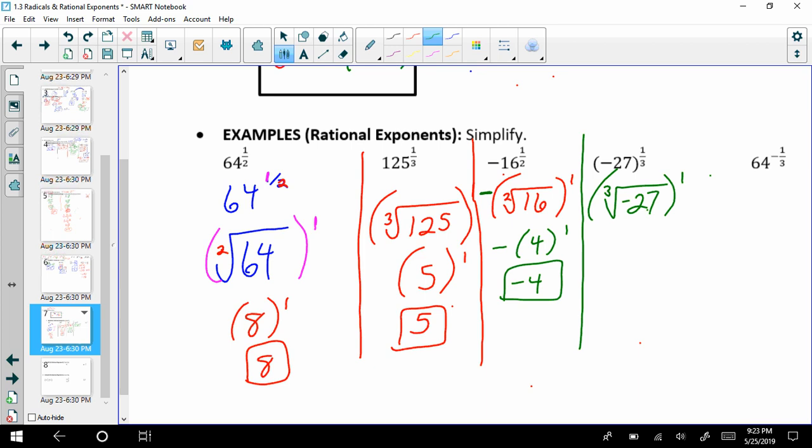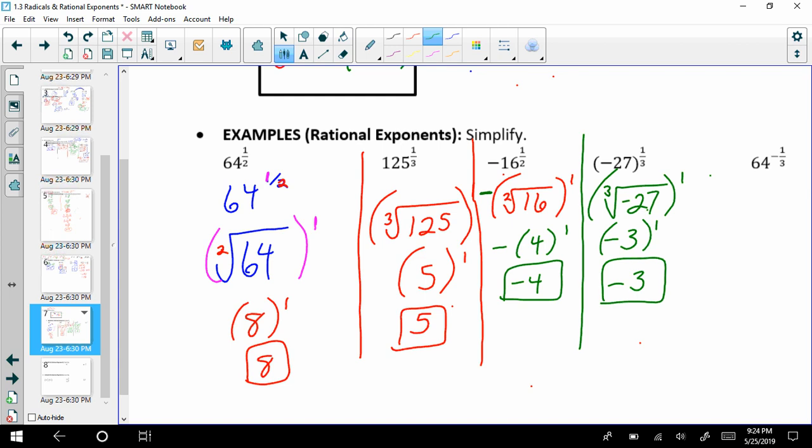So the cube root of 27, 27 is a perfect cube. It's 3, but it's going to be a -3. If you think about it, that makes sense. -3 times -3 is 9, times -3 again is -27. To the first is still -3.